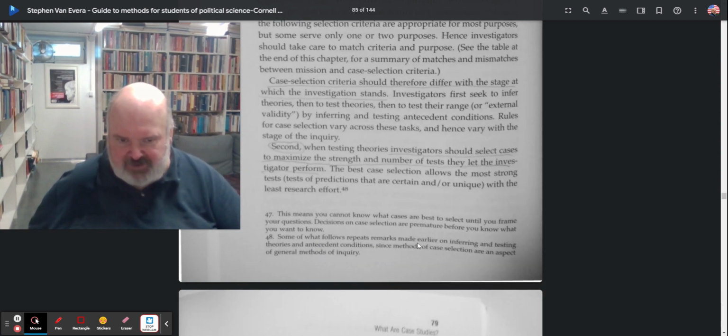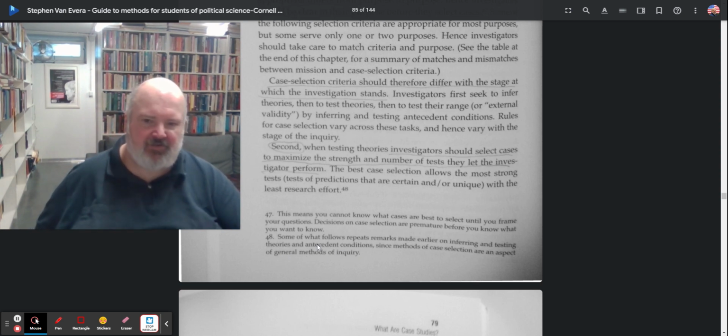Some of what follows repeats remarks made earlier about inferring and testing theories and antecedent conditions, since methods of case selection are aspects of general method of inquiry. So this is very much tied to what was repeated earlier.